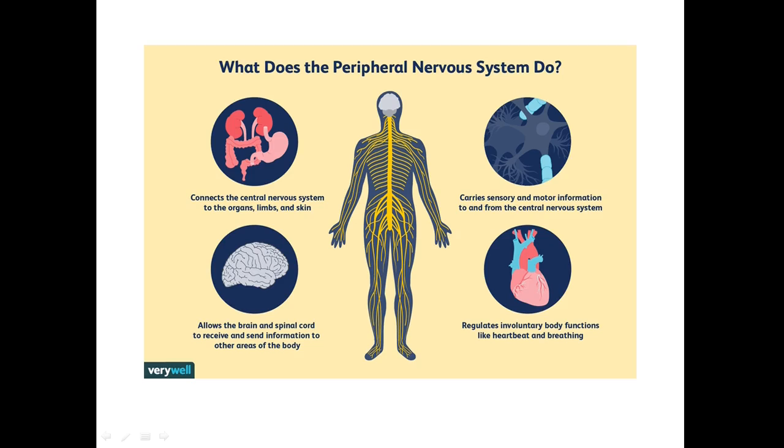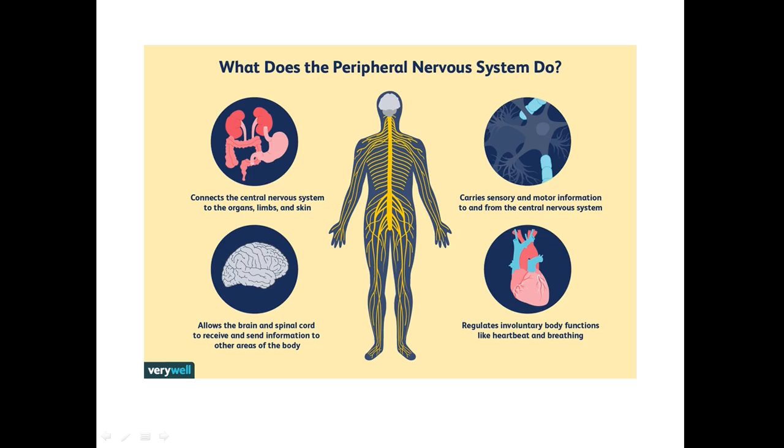Here are a few functions of the peripheral nervous system. It connects the central nervous system to the organs, limbs and skin, and allows the brain and spinal cord to receive and send information to other areas of the body.